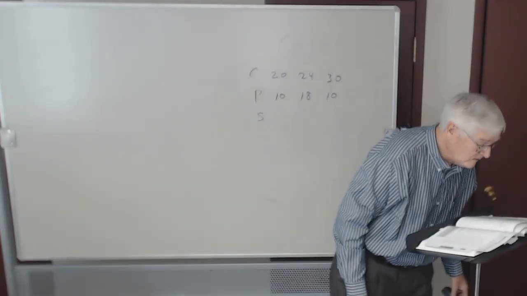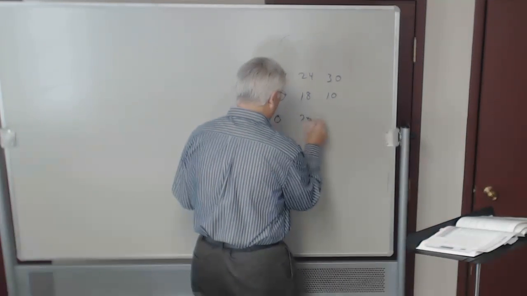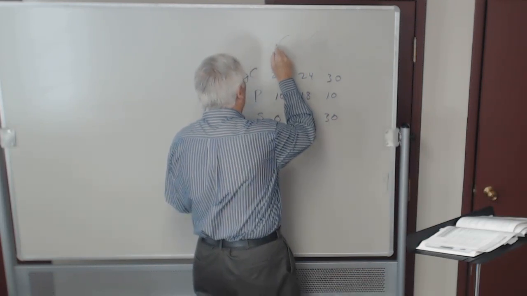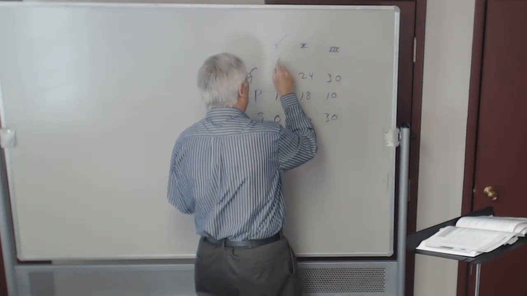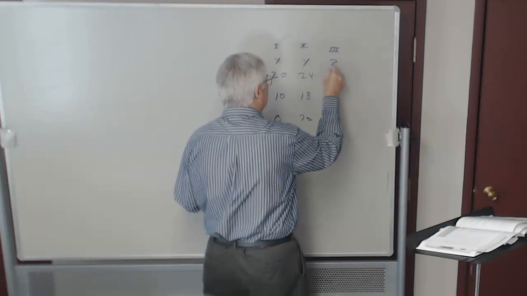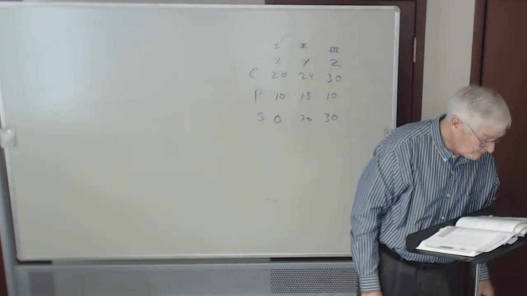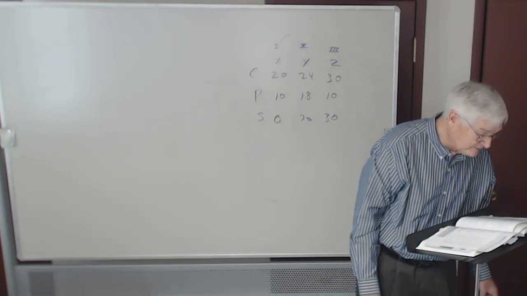And then 0, 30, and 30. And it's the kind of machines, right? Let's call this X, Y, and Z. Doesn't that help to do that? Or A, B, and C, but let's call it X, Y, and Z.